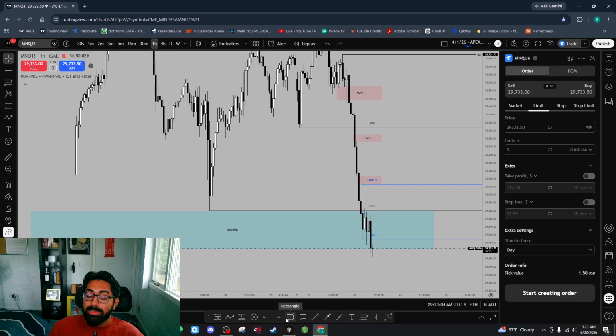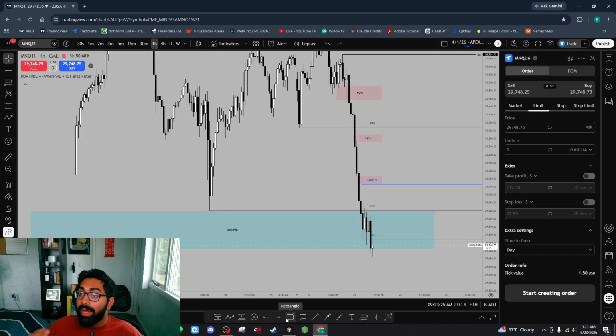That SMT could mean one of two things, which we know. It could mean that we are continuing in the dominant trend direction, like that SMT is used for price to resync and find its equilibrium, which goes in the direction of our daily bias.